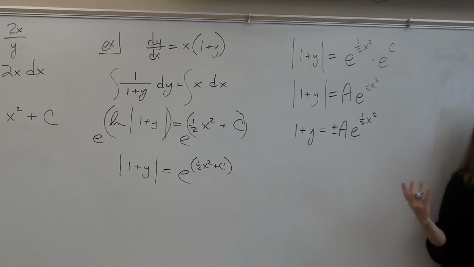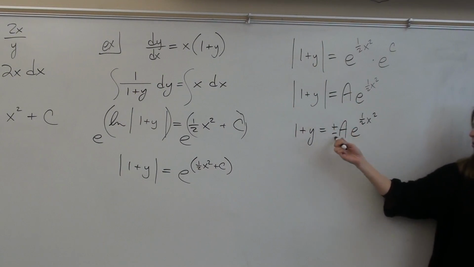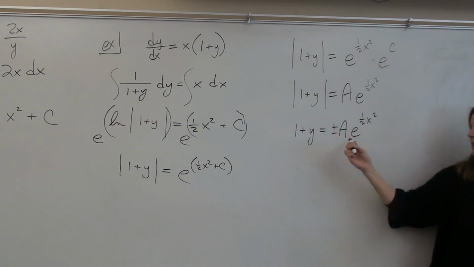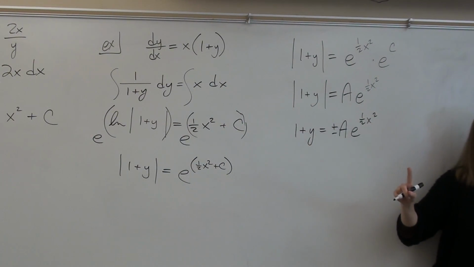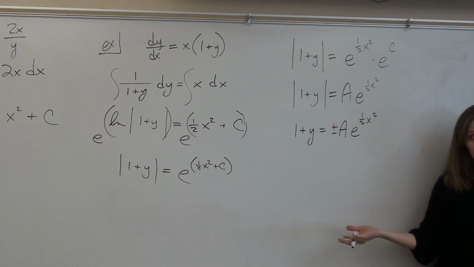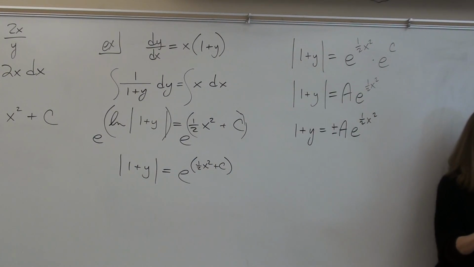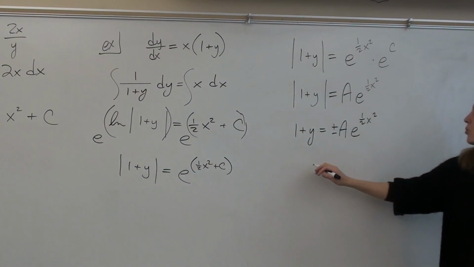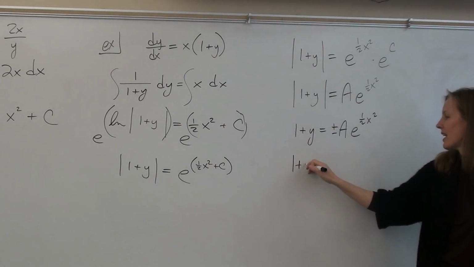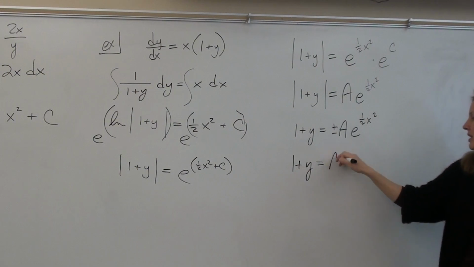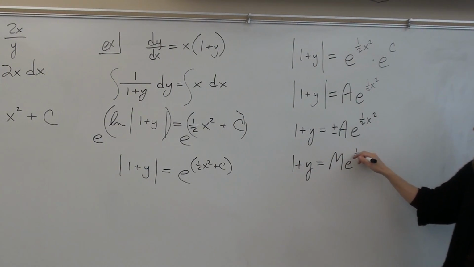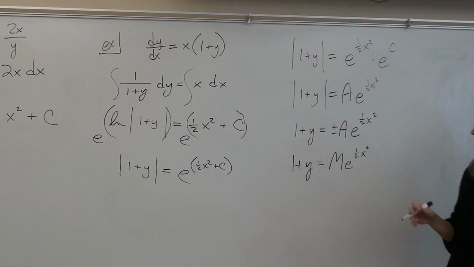So we have to drop the plus or minus. Now what that means is plus or minus a, this whole thing right here, just represents one constant. We don't know the constant. It could be a positive number, it could be a negative number. All we know is that it's one constant, it can't be 2 because then it wouldn't be a function. So we're going to drop the plus or minus a, and I'm going to replace it with another letter. I personally like to use m because then I get me.